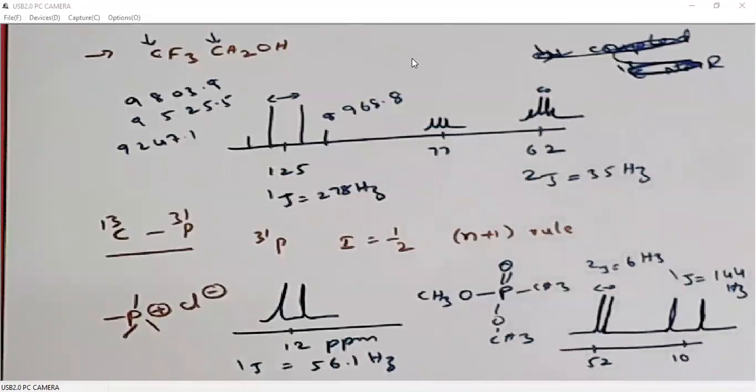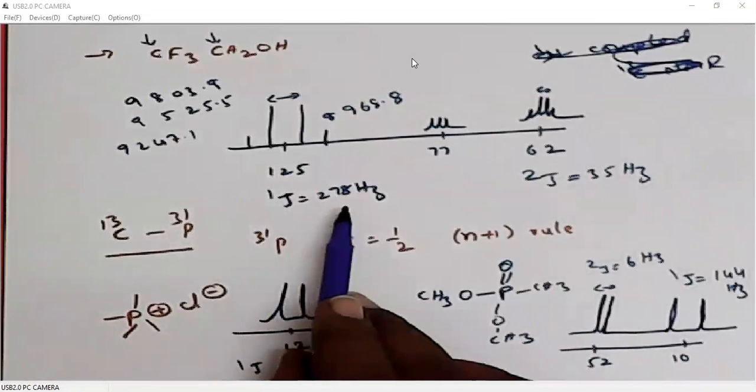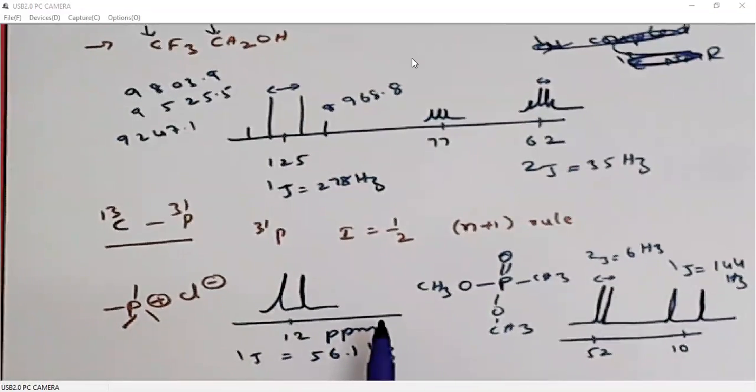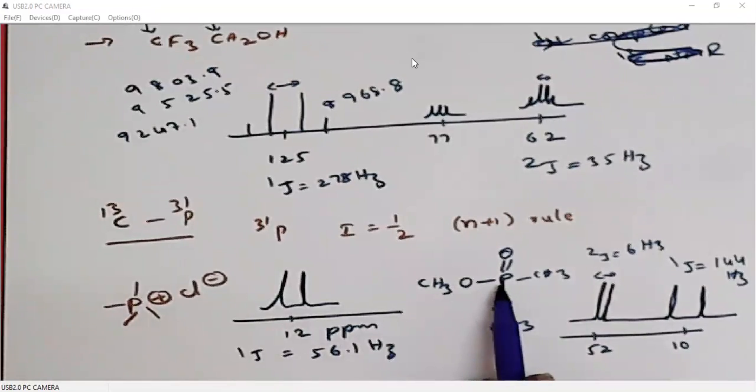Now let me add one more point. The coupling constant here is 144 Hz, whereas the coupling constant in this molecule it is 56 Hz. When we want to compare them, in case of fluorine, its coupling constant value is almost 300 Hz. But here we can see a large difference, right? So what we can say is the coupling constant value of phosphorus with carbon depends on the hybridization of the phosphorus.